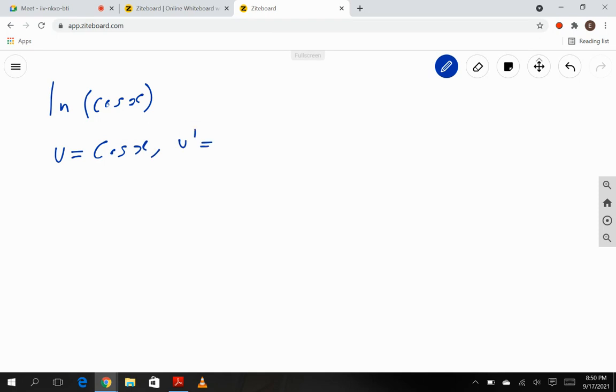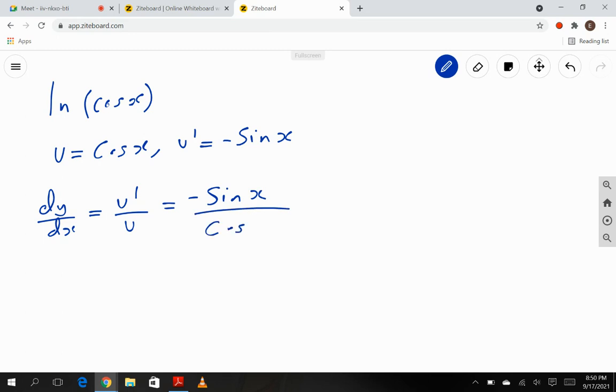So u prime, remember it's starting with a cos, so its derivative is going to have a negative, isn't it? So then you're going to say dy/dx is going to be u prime over u. So it's going to be negative sin x over cos x. Of course, you know identities, that becomes negative tan x. Okay, so that's how you'd want to go about such questions.